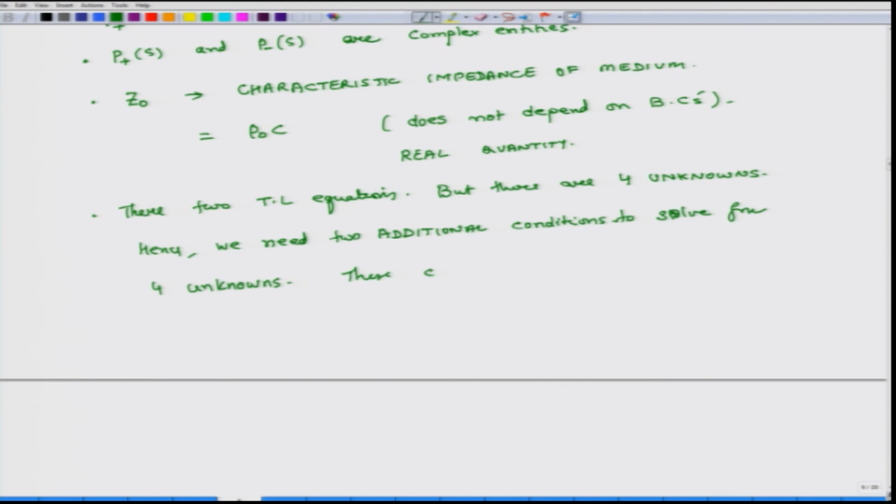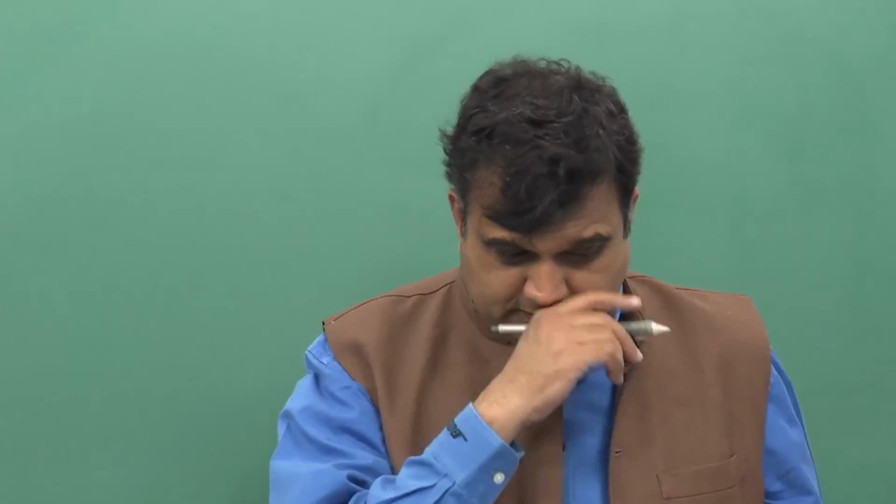So, these conditions are gotten from 2 boundary conditions. So, if you have a closed tube or an open tube or a tube of finite length, it has 2 boundaries and you should know the conditions at both of these boundaries. Then you can solve for these 4 unknowns, otherwise you cannot solve for these 4 unknowns.